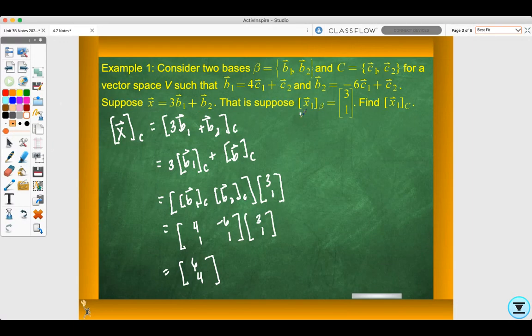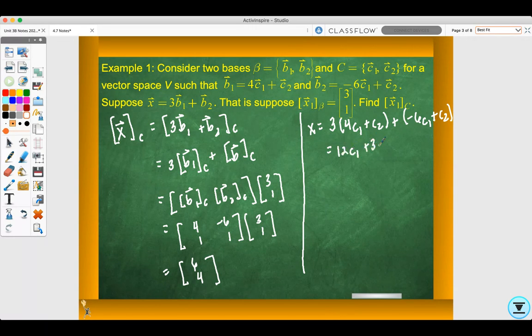The other way that you could do this is have X equals 3 times 4C1 plus C2 plus negative 6C1 plus C2. And this would be 12C1 plus 3C2 minus 6C1 plus C2.